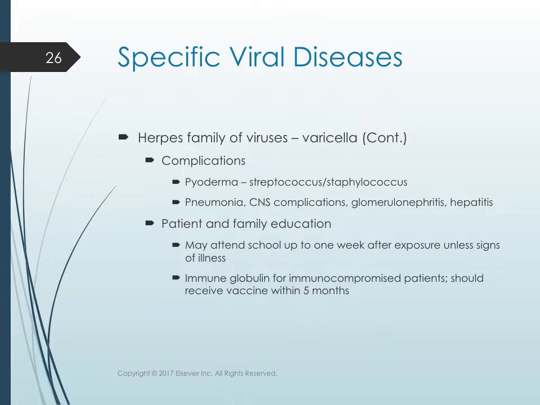More systemic infections can occur with chickenpox. If a child has been exposed and is at risk for getting the chickenpox, and hasn't been vaccinated, then they should wait for 1 week after they've been exposed, unless they develop signs of illness, then they can return.